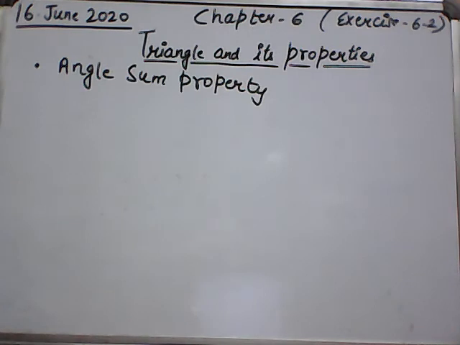Now, what do you mean by angle sum property? This property states that the sum of all interior angles of a triangle is 180 degrees.